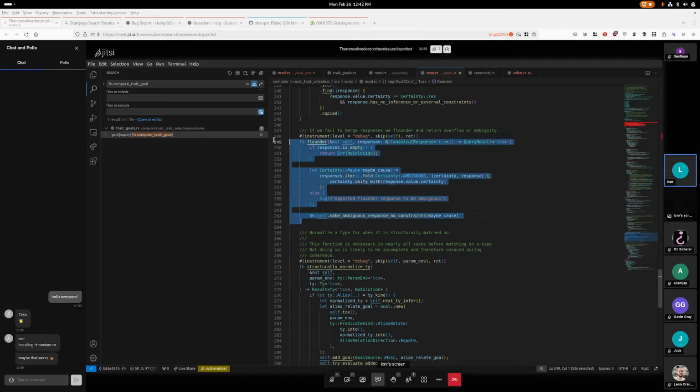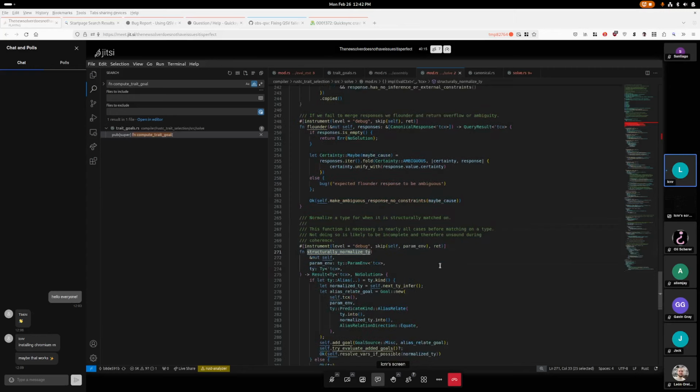So you can pass some unnormalized goal into the new solver and it can handle it completely fine. And the way we do that is by using the function structurally normalized ty whenever we would match on the ty kind. So whenever we actually make a decision based on what the type is, we then lazily normalize at that point.